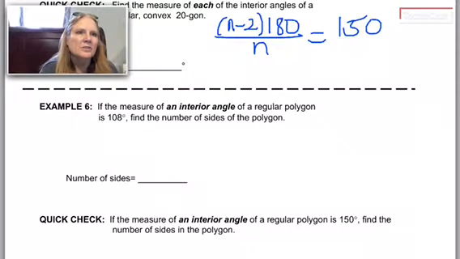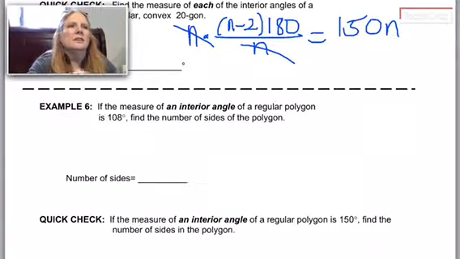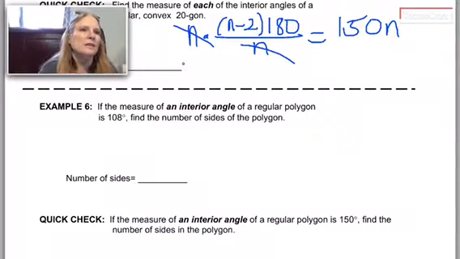The formula is n minus 2 times 180 divided by n equals 150. The very first thing I'm going to do is get rid of division by n by multiplying both sides of this equation by n. And I'm left with n minus 2 times 180 equals 150n.